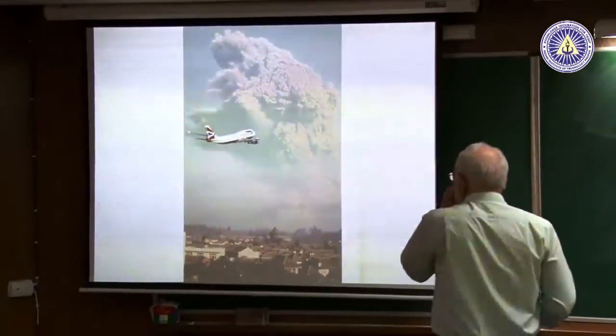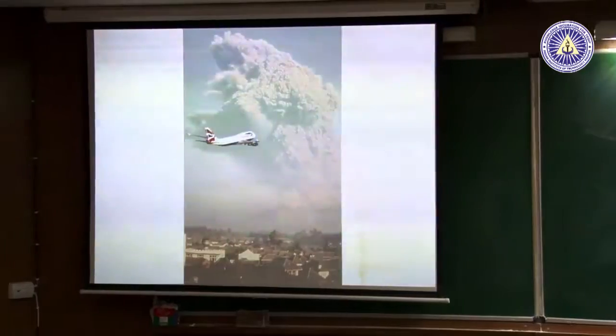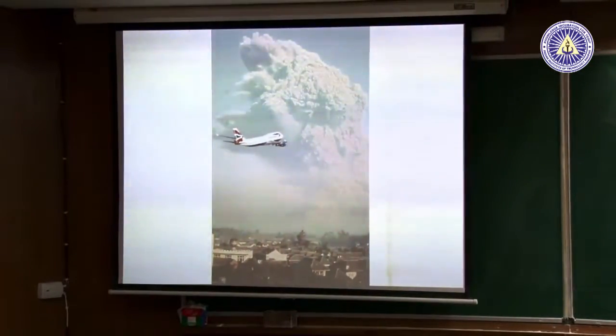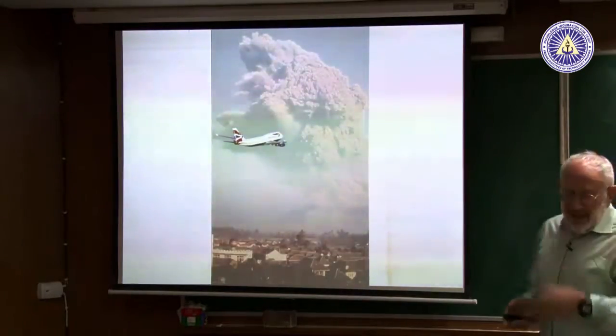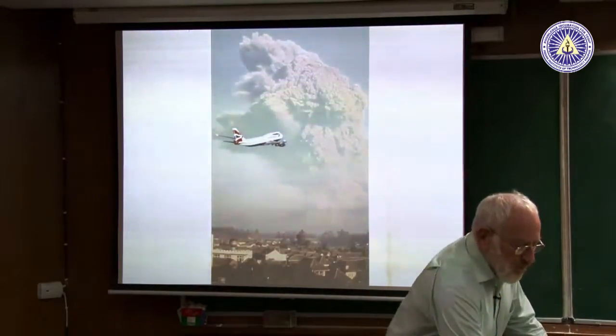Okay, now here's another little volcanic problem, just to give you some indication. There's a British Airways flight in 1985, I think it is, that was flying from London actually to New Zealand over India. It had landed once or twice, and then it was going at night, this is taken during the day, over Jakarta.